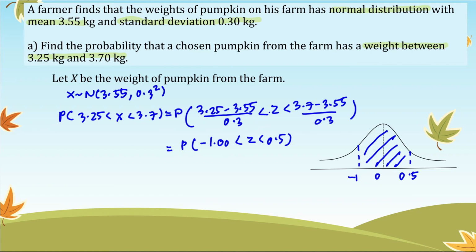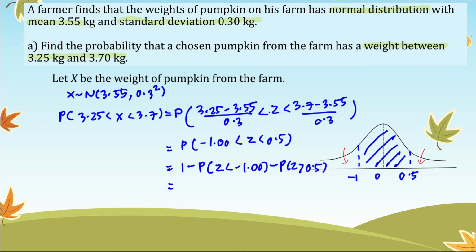We can get the value of the probability by minus, okay, the area for both sides. So 1 minus P(Z less than negative 1) and P(Z greater than 0.5).